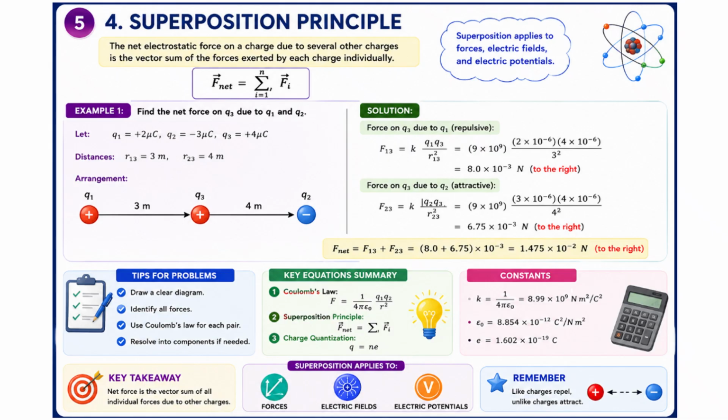Alternatively, you can say that the net electrostatic force on a charge due to several other charges is the vector sum of the forces exerted by each charge individually. So the contribution of each charge is taken care of by its force.